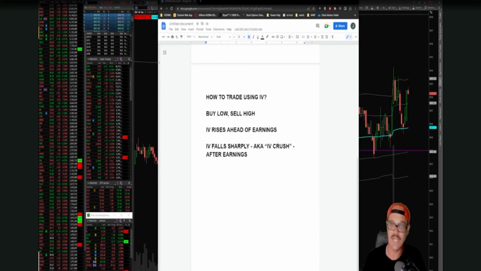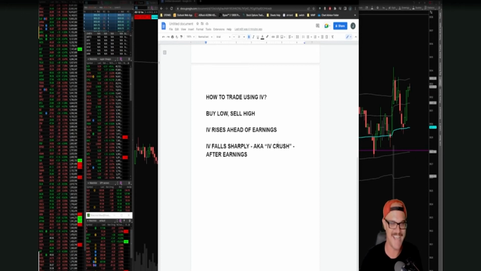Now, on the other side of the coin, IV falls sharply after earnings. This is a harsh reality many traders get introduced to when they buy an option ahead of earnings and hold it through earnings. Now, with the previous example, when you buy an option ahead of earnings and it trades sideways, but the value goes up because implied volatility increases, that provides an opportunity to sell the option, just capturing that volatility increase, sell it before earnings, and bingo bango, profitable trade, right?